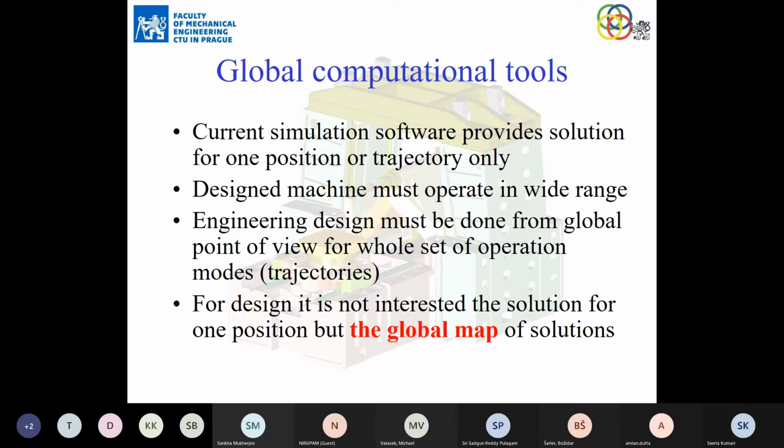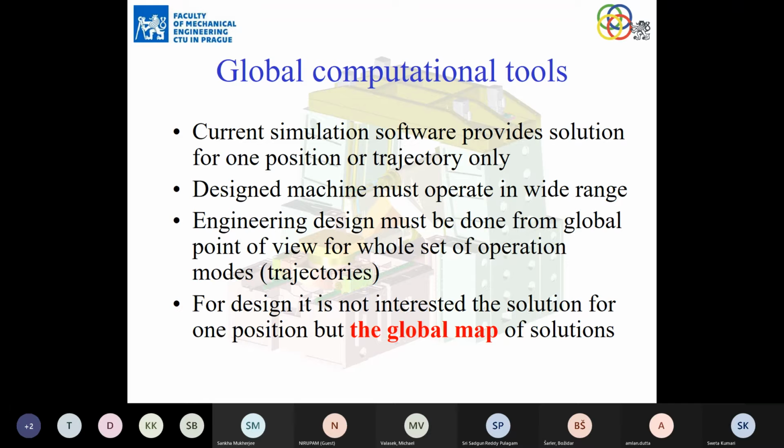We are interested in, for example, the minimum or maximum values. So one procedure to immediately compute the minimum stiffness inside the whole workspace, or the minimum accessible acceleration inside the workspace, and these values are the decisive values for the design process.